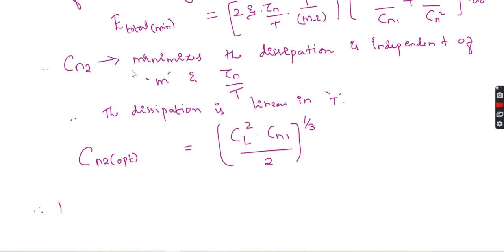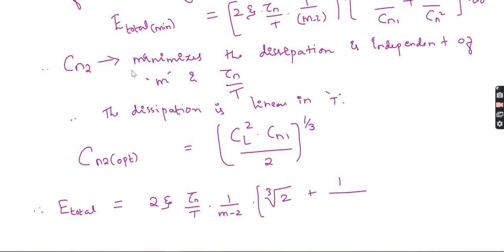So I can write the final total energy E total is equal to 2 psi tau 1 by t into 1 by m minus 2, then the cubic root of 2 plus 1 divided by the cubic root of 4, into Cl divided by Cn1 the whole power 1 by 3 into Cl into VDD square.